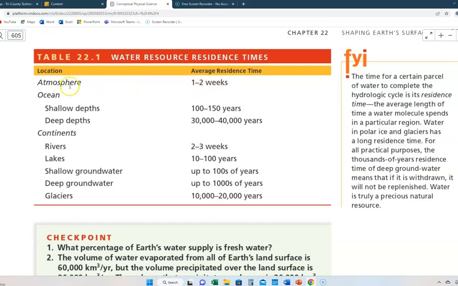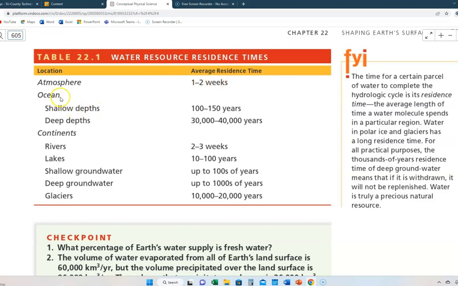The water evaporates, goes up into the atmosphere, and anywhere from 1 to 2 weeks it will reside there as clouds, and eventually it'll rain.